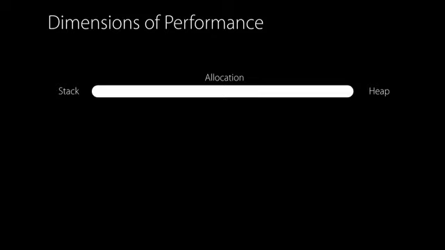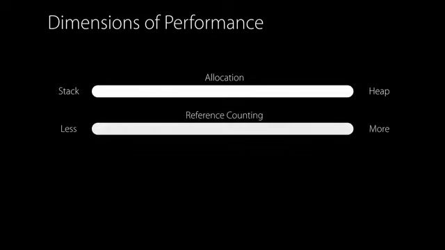All right. Let's get started by identifying the different dimensions of performance. So, when you're building an abstraction and choosing an abstraction mechanism, you should be asking yourself, is my instance going to be allocated on the stack or the heap? When I pass this instance around, how much reference counting overhead am I going to incur?